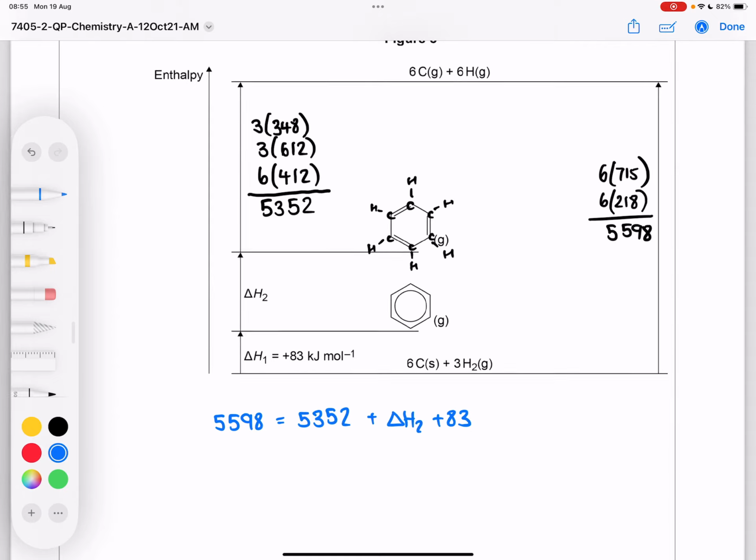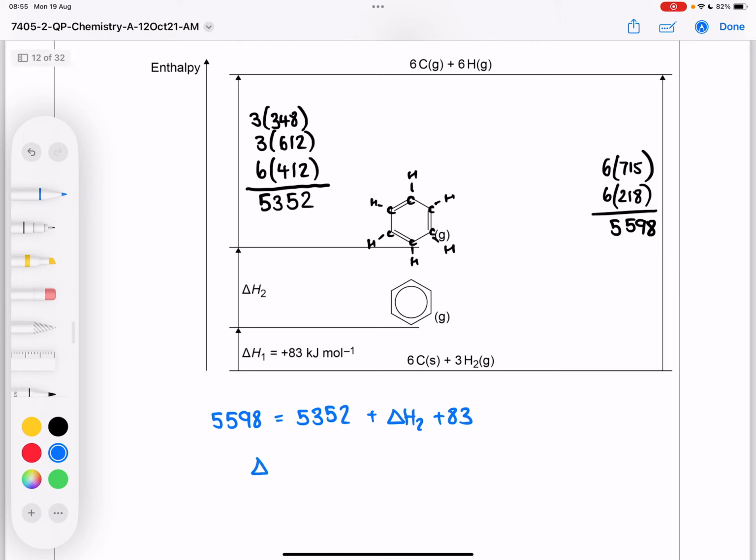And if you rearrange that, you would get that delta H2 equals 5,598 minus 5,352 plus 83, minus delta H2, because I've moved delta H2 over to the left hand side. And then if you rearrange that, that gives you delta H2 is 163.